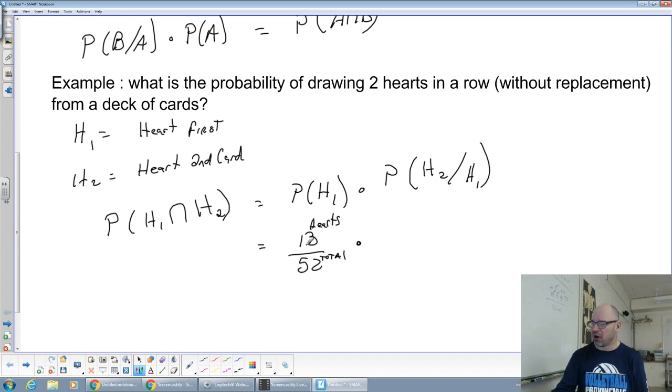So if you've taken away one heart from the deck, there are 12 left in the second draw. So this is the first draw, this is the second draw. There's 12 hearts left. And then there's 51 cards because you've taken one out of the total as well.